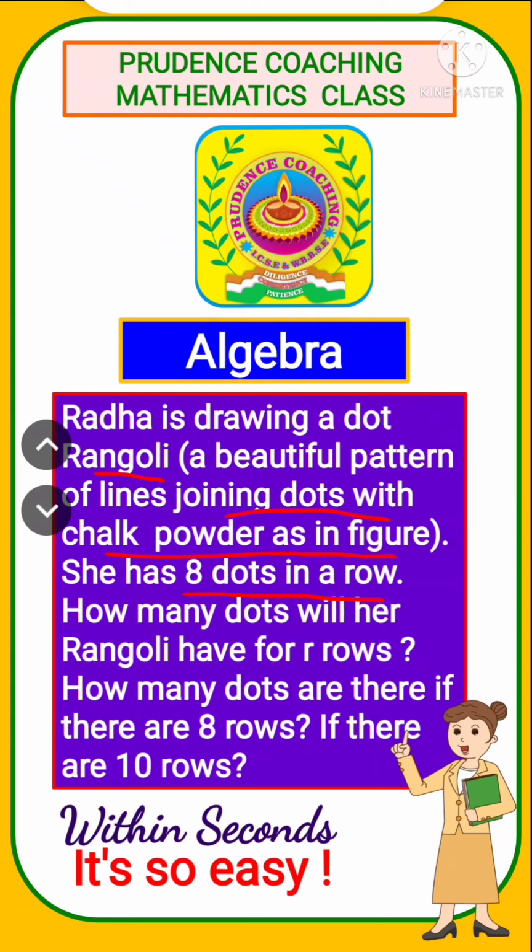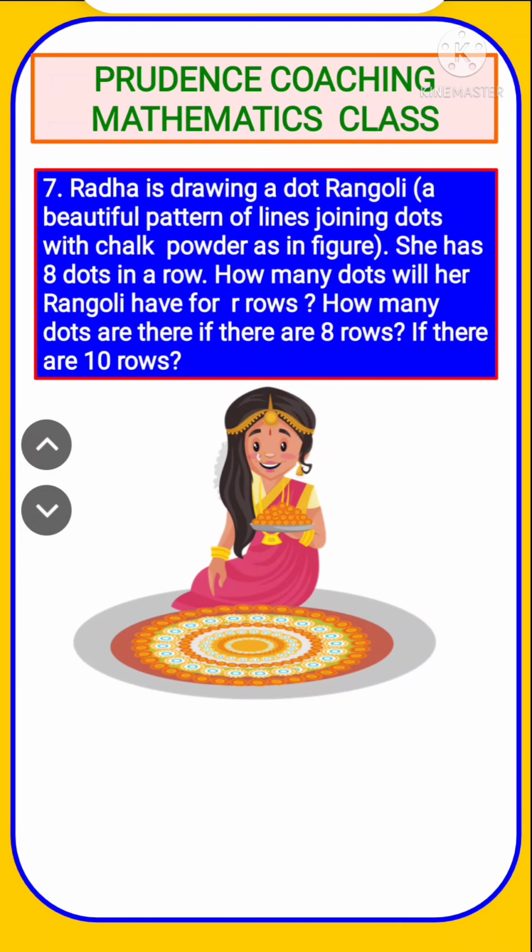So if the number of rows is r, you need to find out the total number of dots in all these particular rows. How many dots are there if there are 8 rows? If there are 10 rows, again you need to find out how many dots will be there. So let's start with the video.